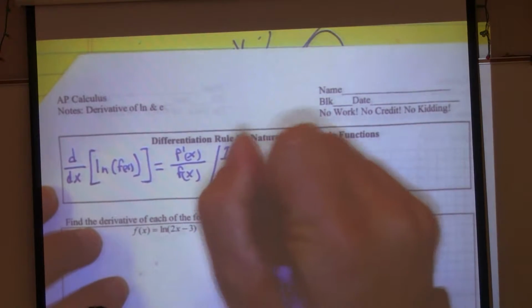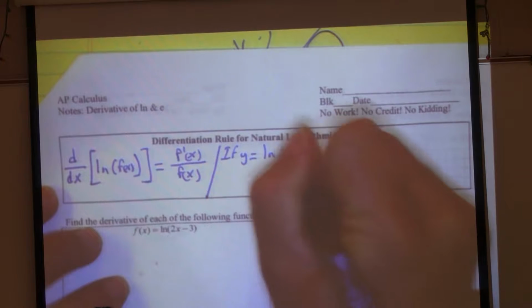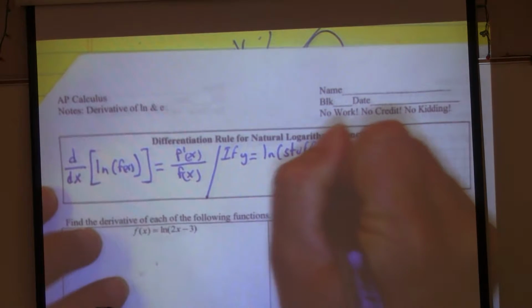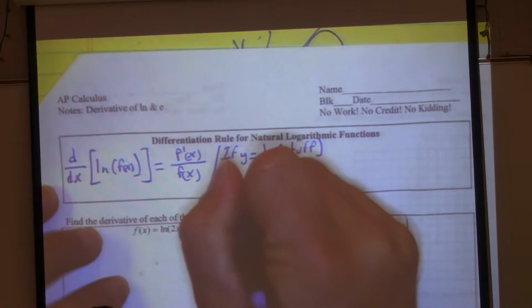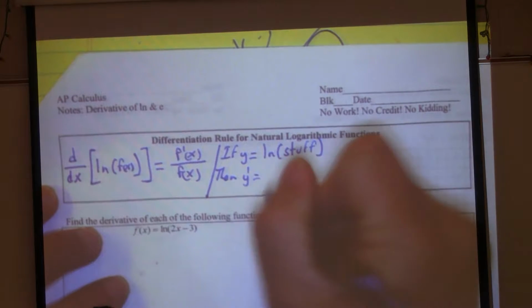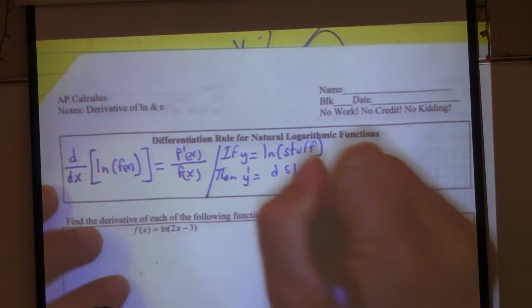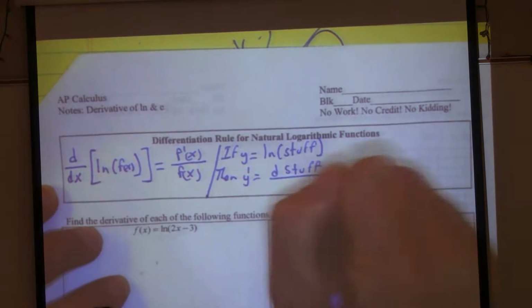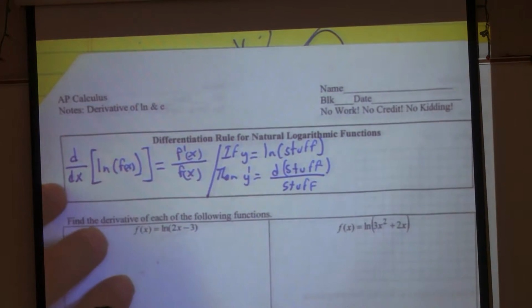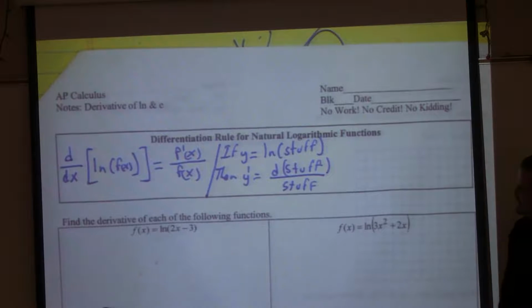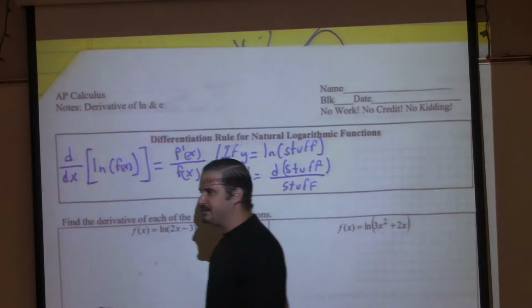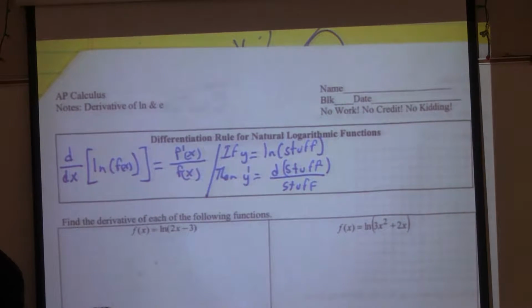If y is equal to ln of stuff, then y prime is equal to d stuff over stuff. So d stands for what? Derivative. So the derivative of the stuff over the stuff.